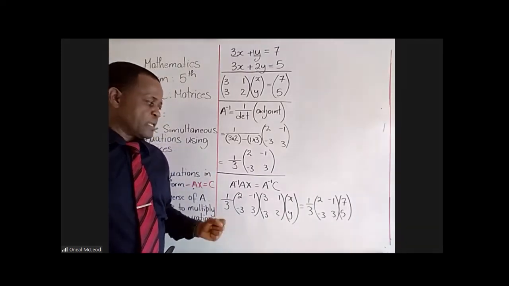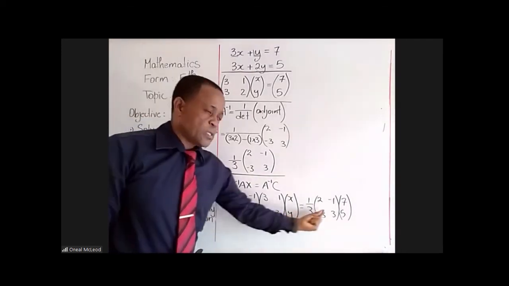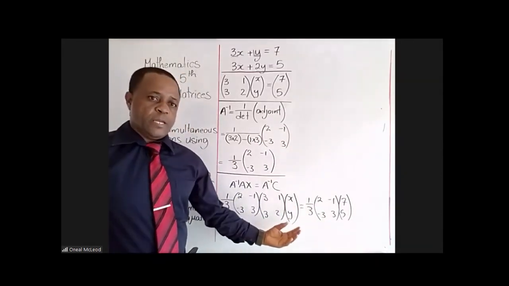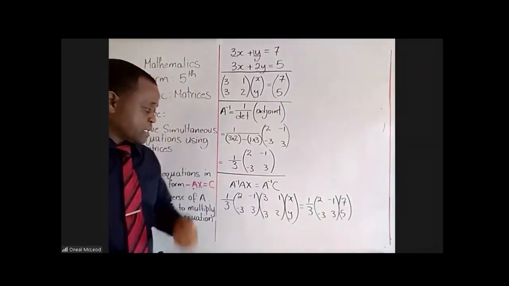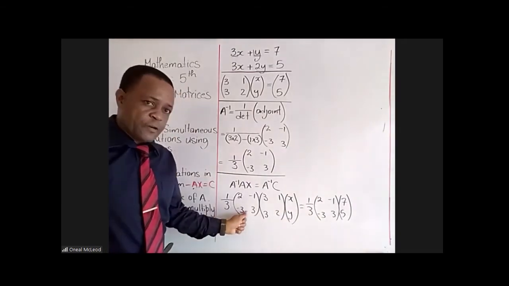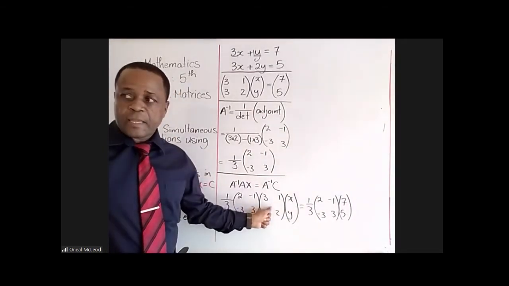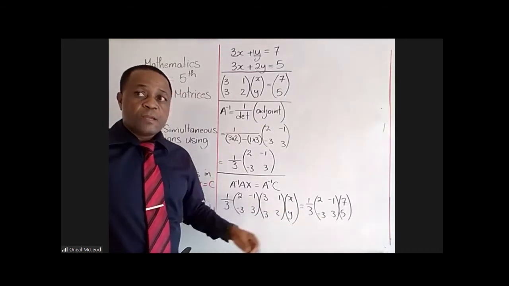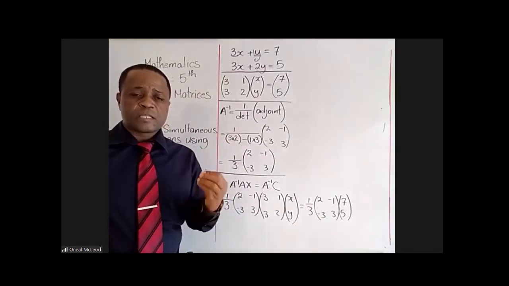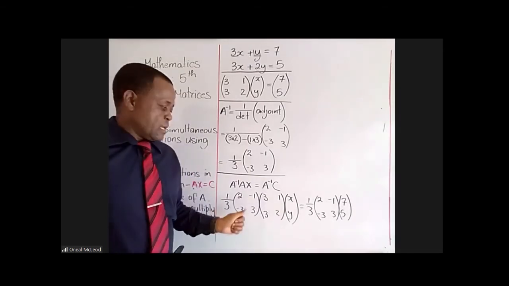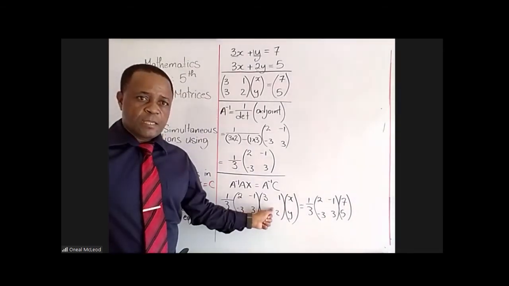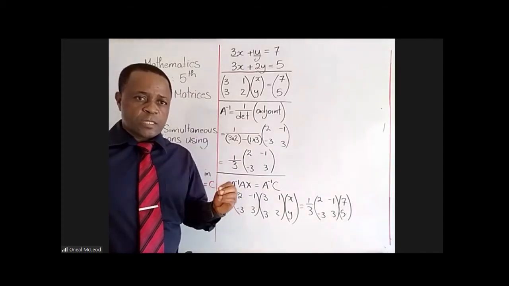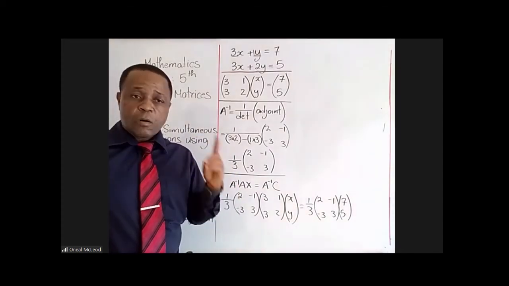And the fact that we're working with time, we don't want to waste our time doing unnecessary work in our exam. So notice here, this is A inverse, and you're multiplying that by A. But we already established that A inverse times A is always going to give us the unit matrix.